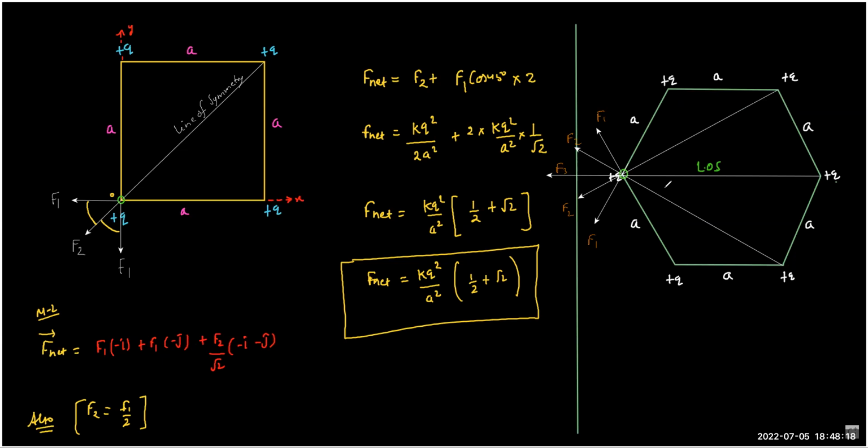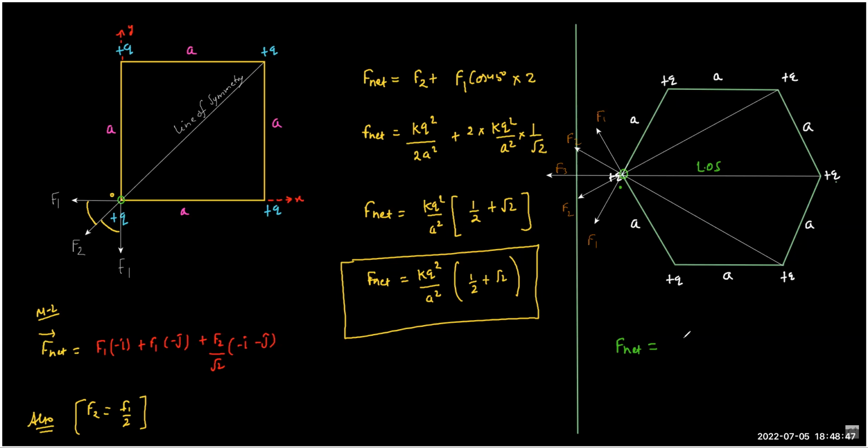So hopefully you can tell me what I should write here, the net force. Anyone would like to say something? We are finding the force on this charge. The net force acting on this charge, right?